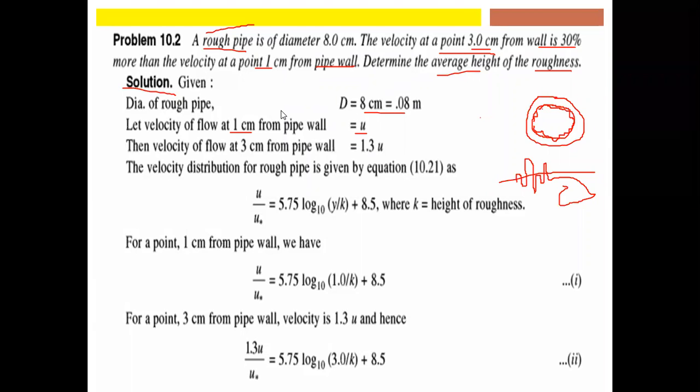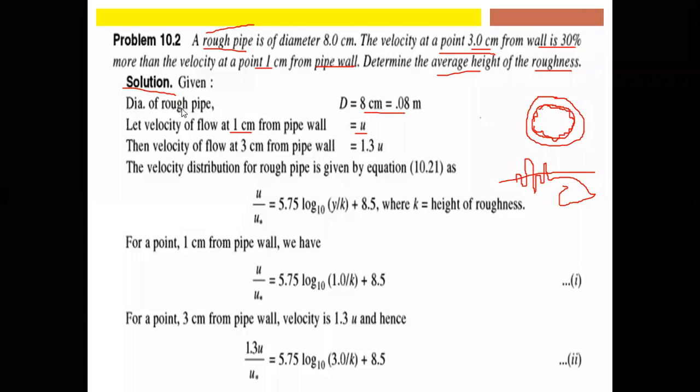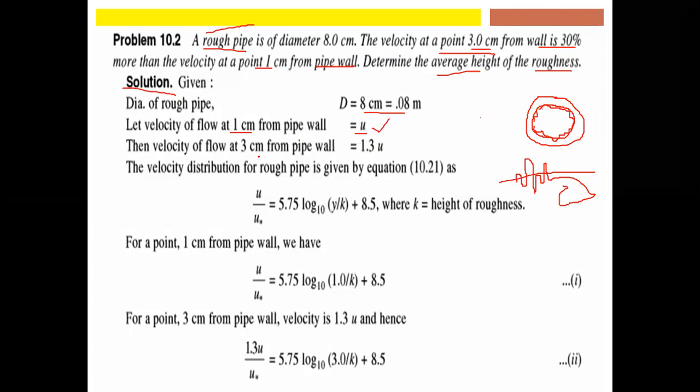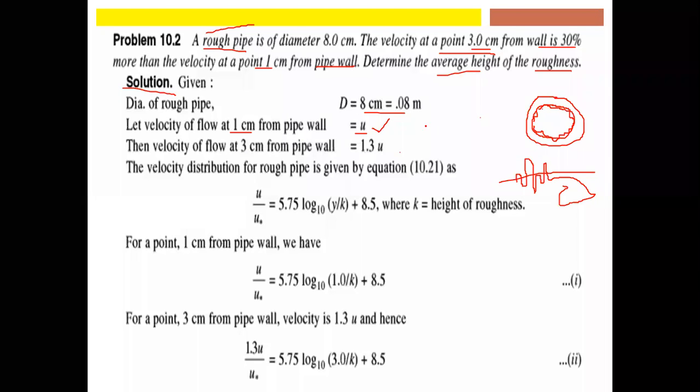The velocity at a point 3 centimeters from the wall is 30% more than the velocity at a point 1 centimeter from the pipe wall. Here the velocity is not given, only the distance from the pipe wall. Therefore, let us assume the velocity at 1 centimeter from the wall is u. The velocity at 3 centimeters is u into 1.3.